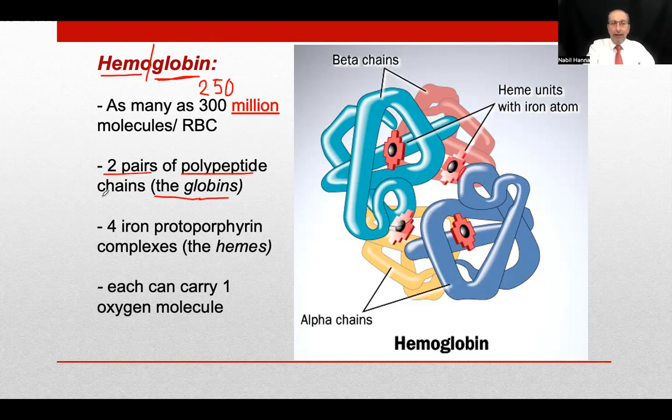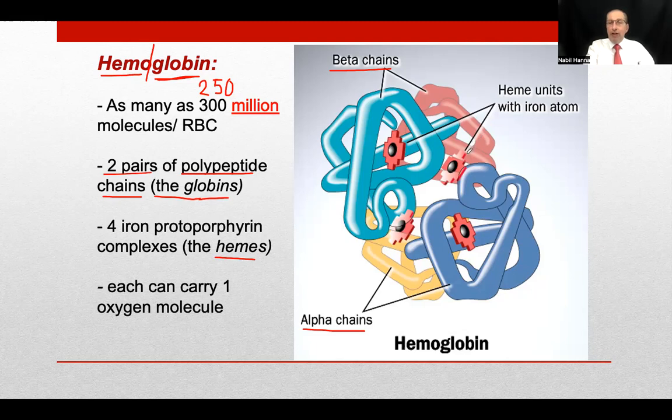The adult hemoglobin has two alpha chains and two beta chains. In the middle of each globin chain, there is the heme. And the heme unit is this red disc.